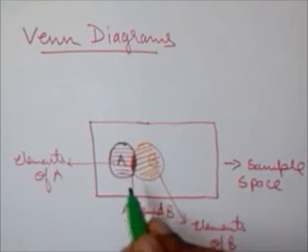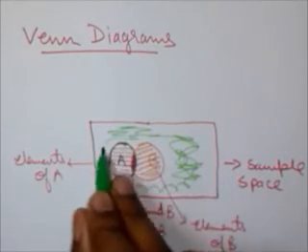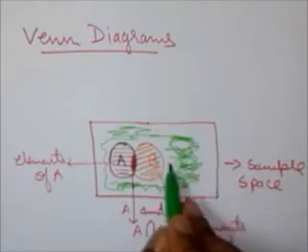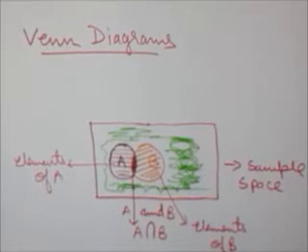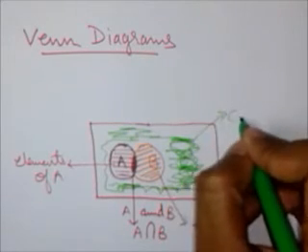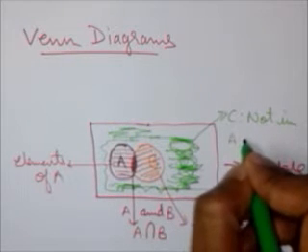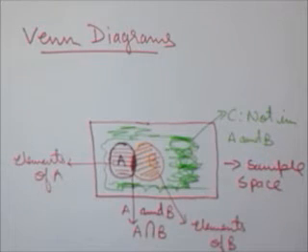This left out area, this whole white area left out, represents the elements which are neither in A nor in B. Let them be represented by C. They are not in A and B, but they are in the sample space.